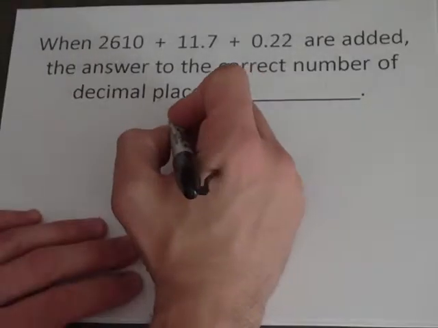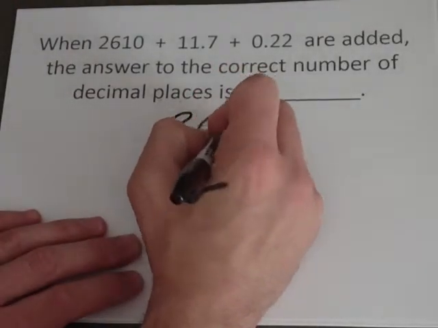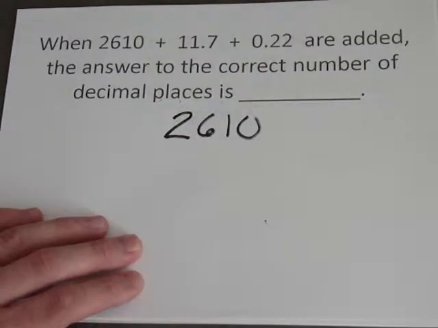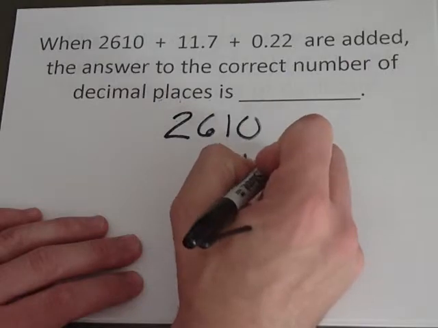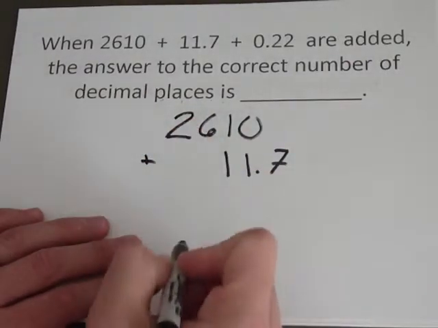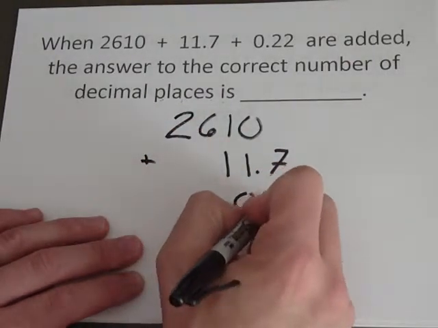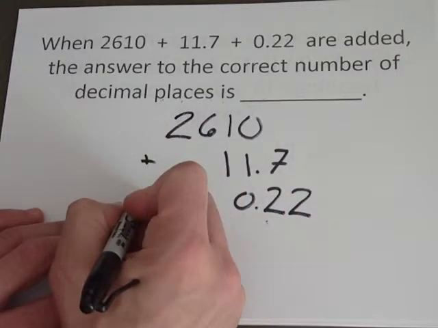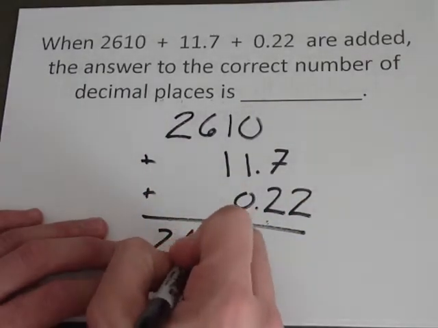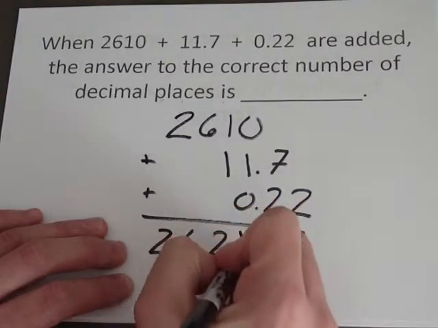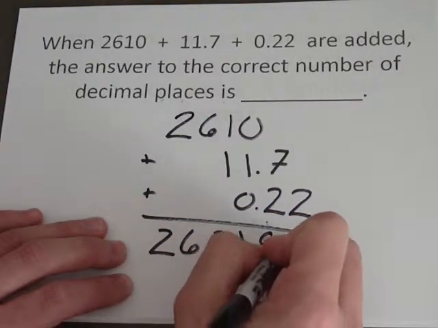So what we first want to do is write this in vertical notation, so 2, 6, 1, 0, and we want to make sure we line up all the place marks. Then plus 11.7, then plus 0.22. Okay? And so we get 2, 6, 2, 1.92.